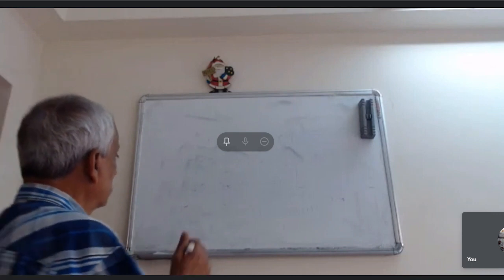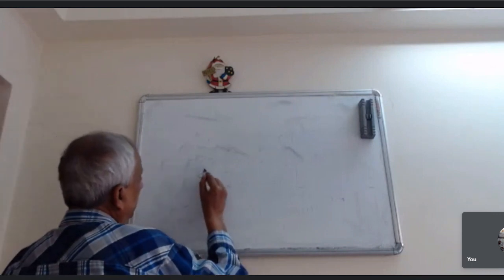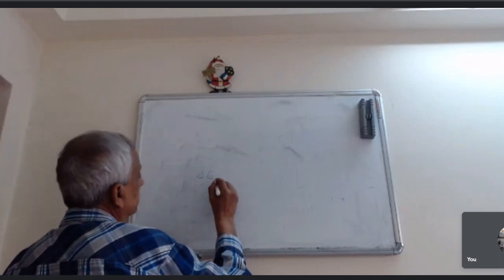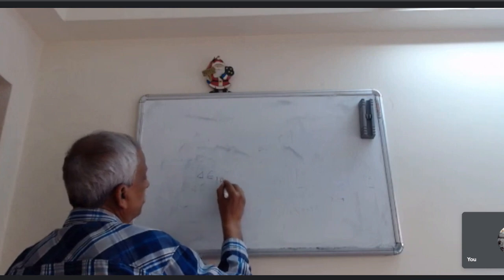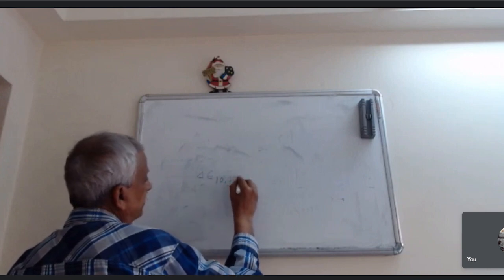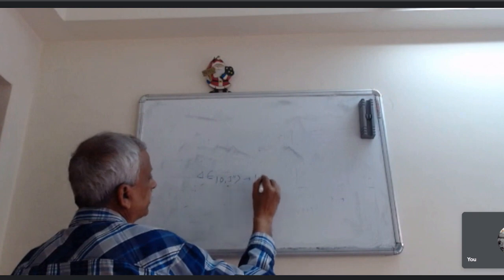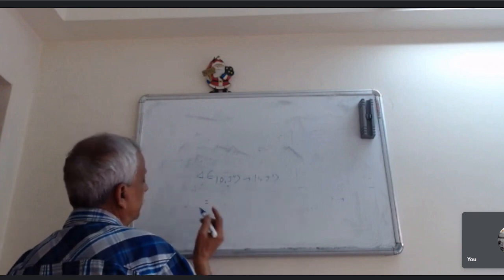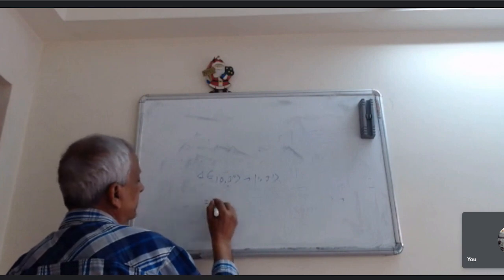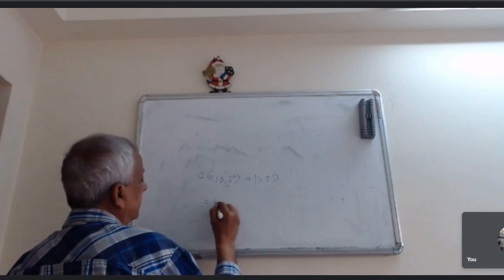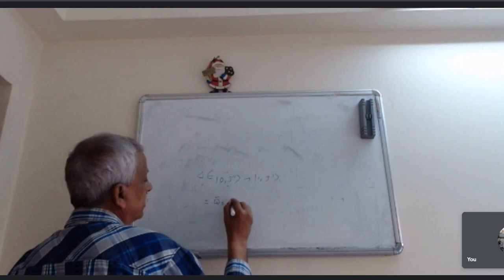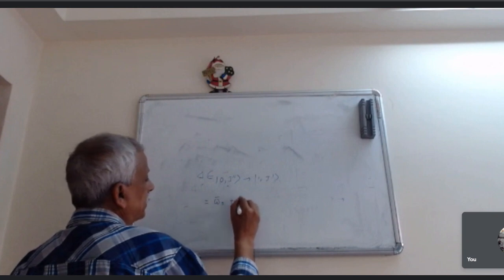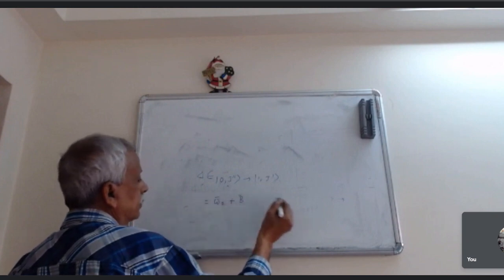So this is your delta E for 0 J double prime to 1 J single prime. First write the dominating term, that is, I'll write omega 0 bar plus B bar into what did you say?